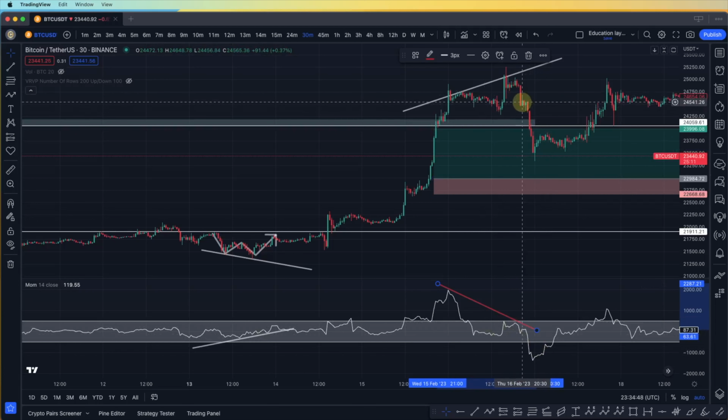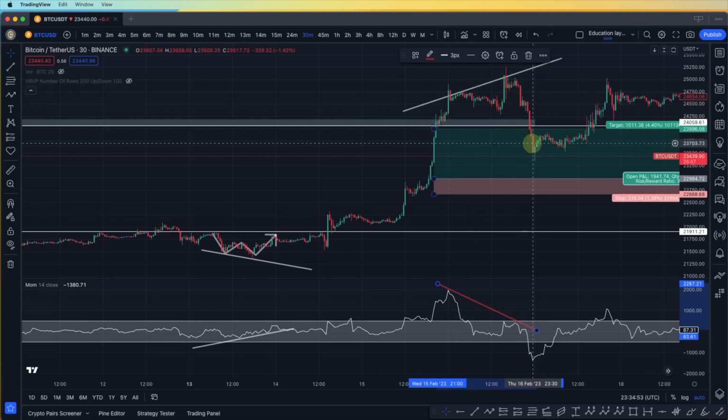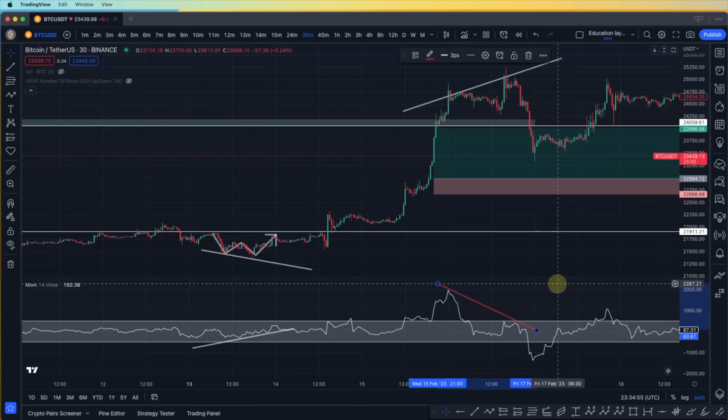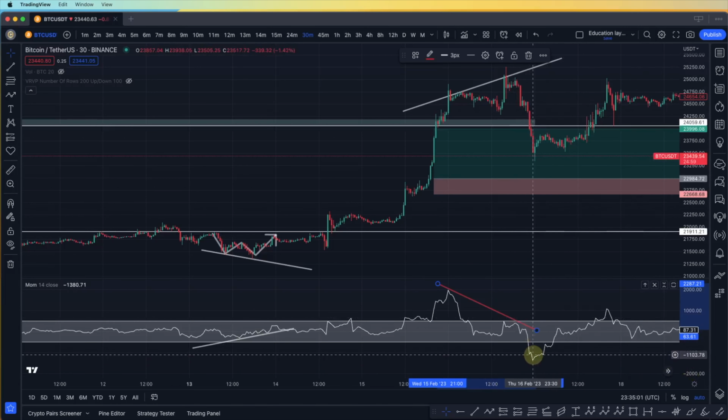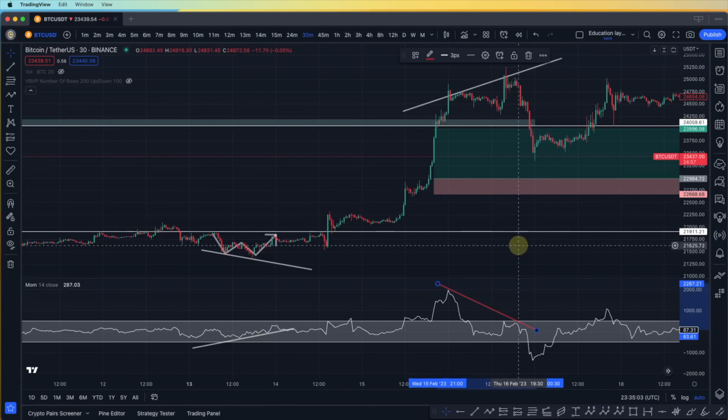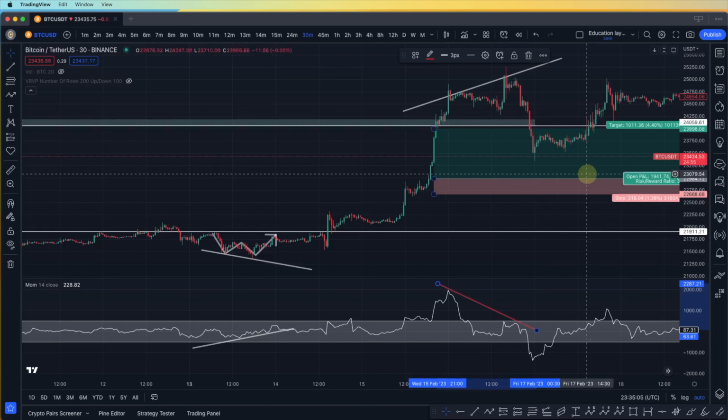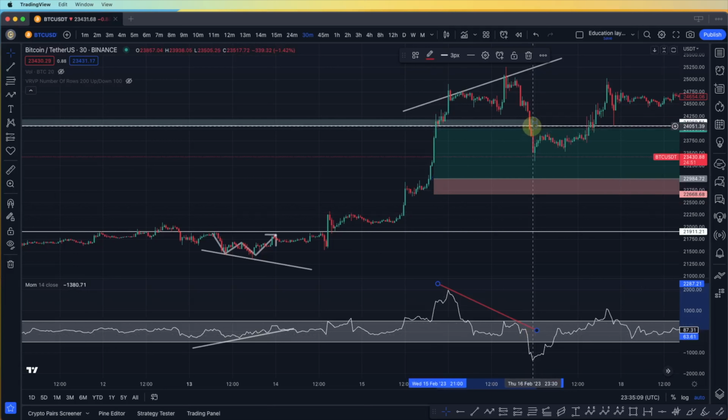As you can see here, the market makes a higher high, but then we have a dump on the market. And the momentum gave us good confirmation for the trade too. We lost the one key area.